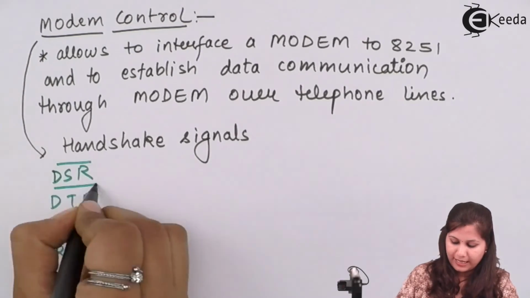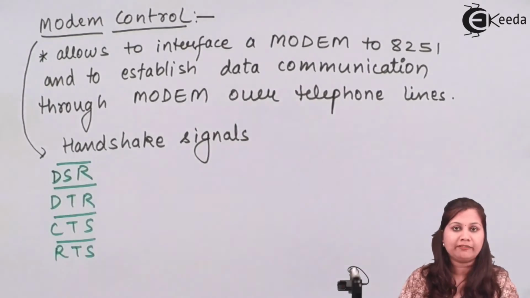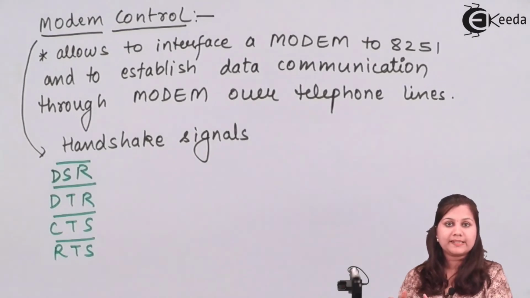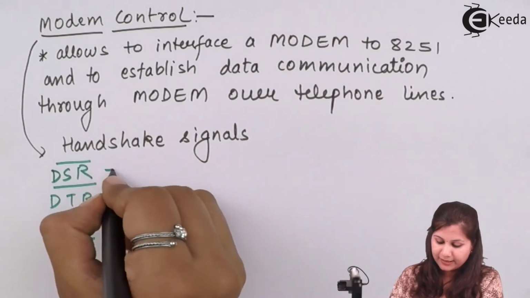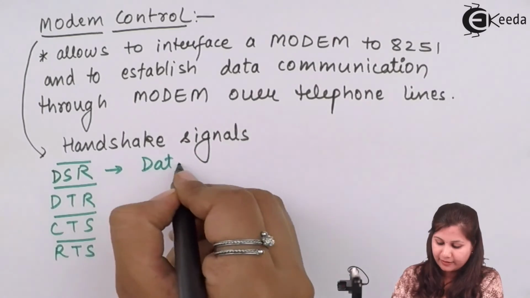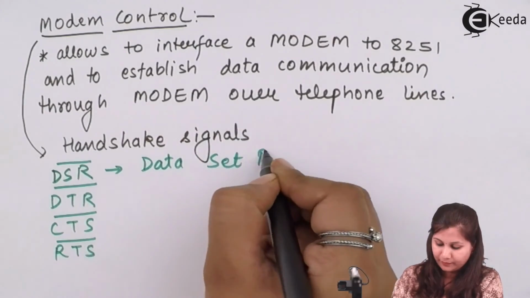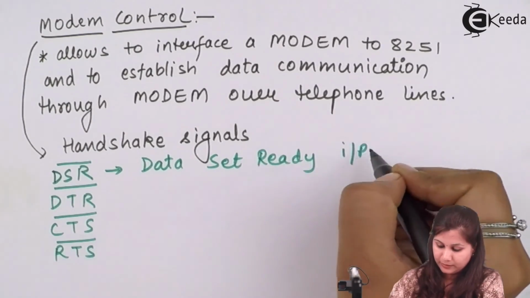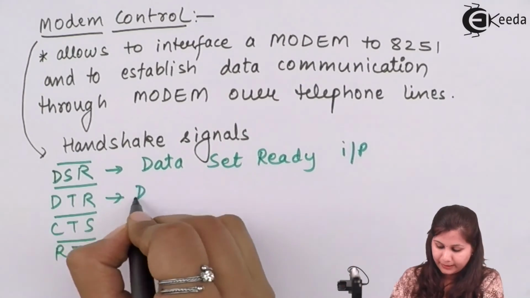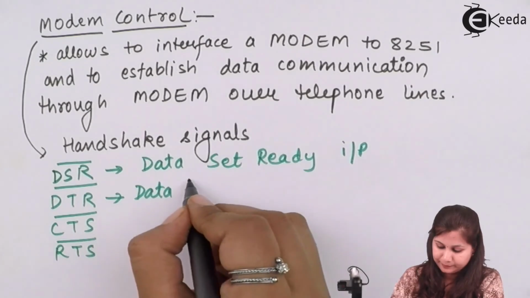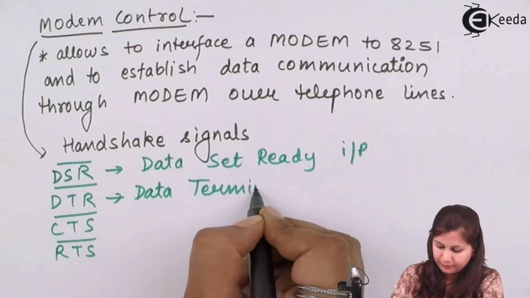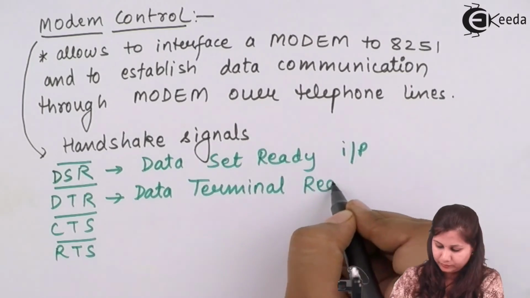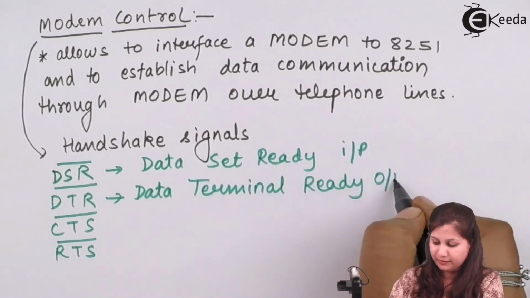All these are active low signals, so they will be active when their value is 0. DSR is data set ready. This is an input signal. DTR means data terminal ready. This is an output signal.